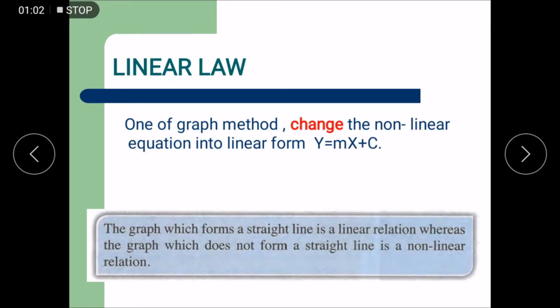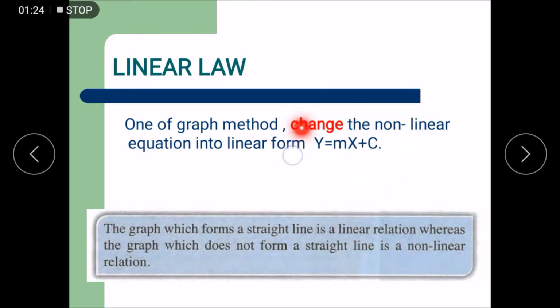So in this chapter we will use this often, we will use y equals to mx plus c, because the linear law says, in every equation or every expression that you have, as long as expression is without the equal sign. So when you have equal sign, it's equation, okay.